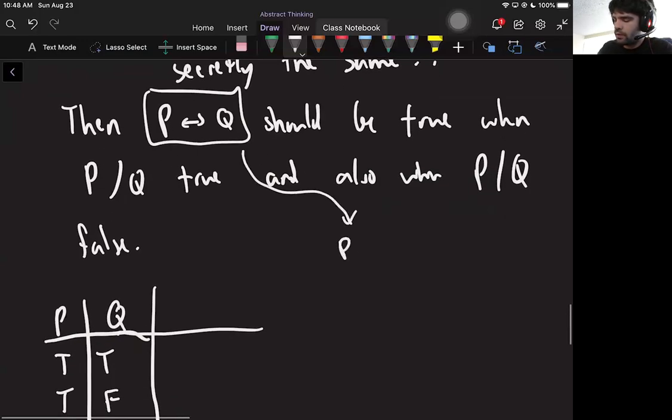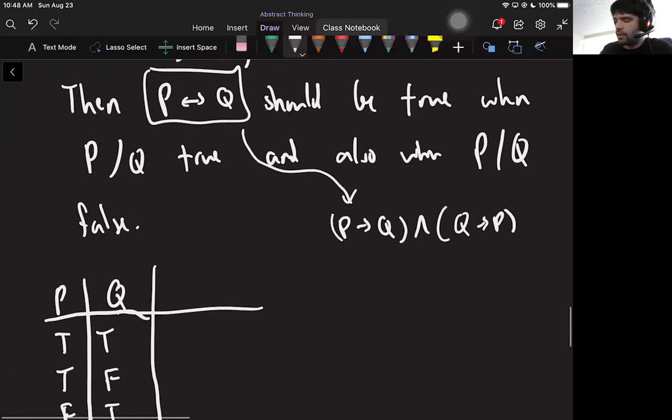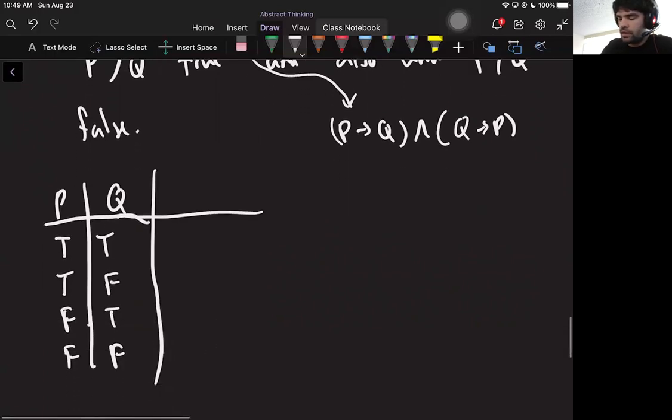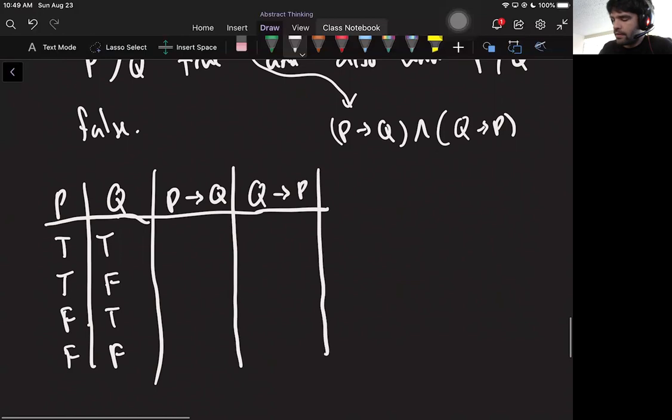It was really P implies Q and Q implies P. So I have to build this thing up in pieces, which means I have to write down the truth table for P implies Q. Then I also need the truth table for Q implies P. And then I can write down the truth table for the AND of the 2 statements.